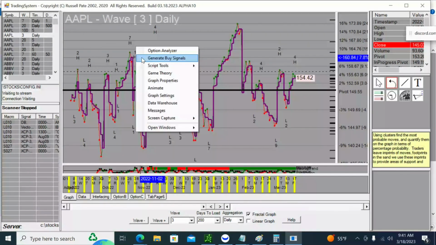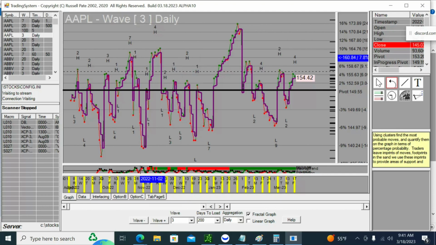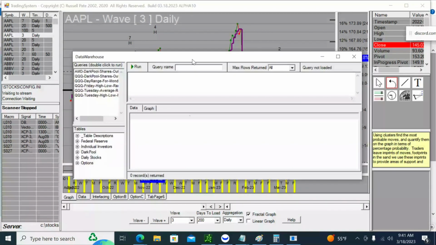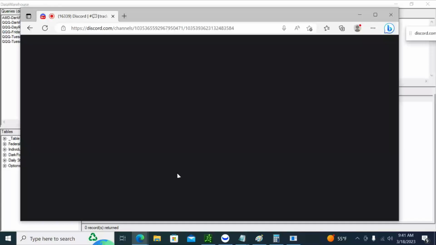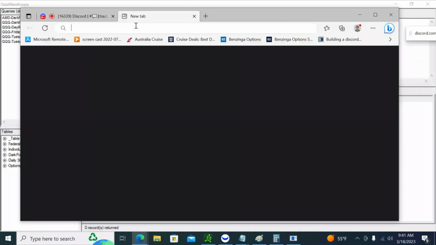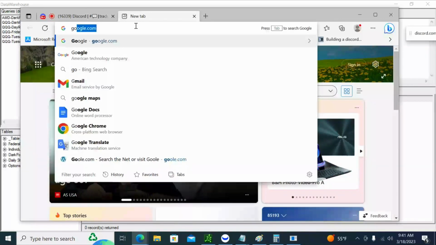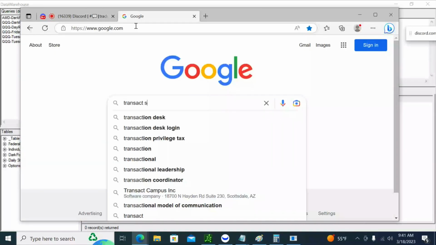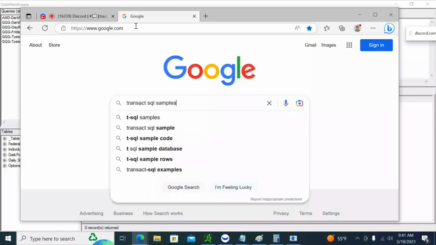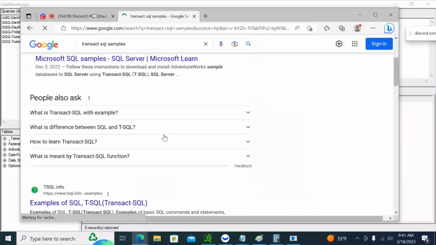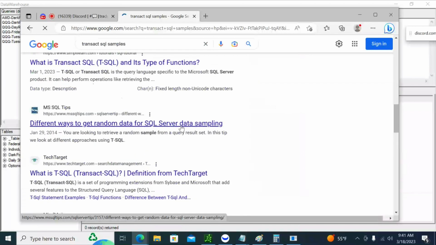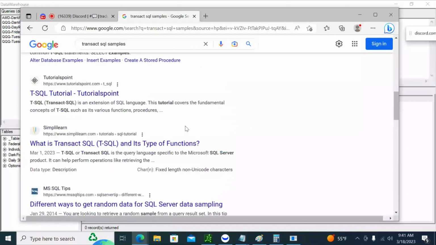And then the data warehouse, I did that. I've been sending out queries. In the data warehouse, all you have to do is use Transact SQL, which is the de facto standard.